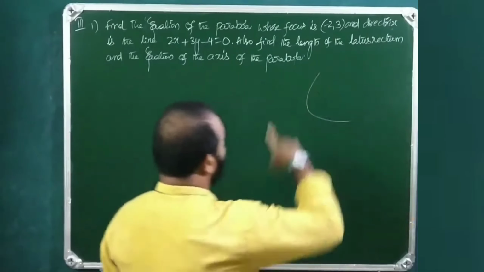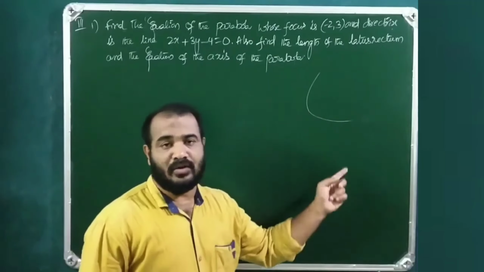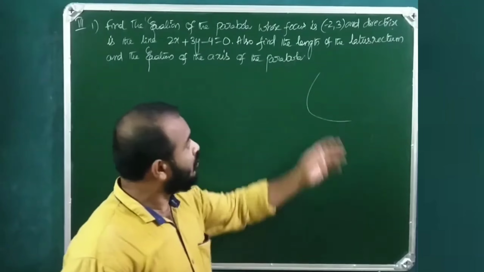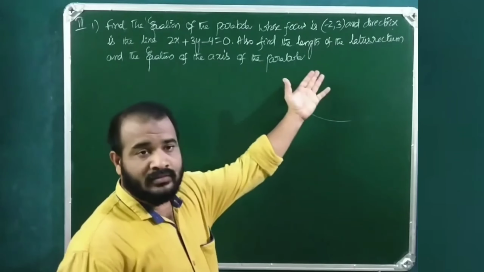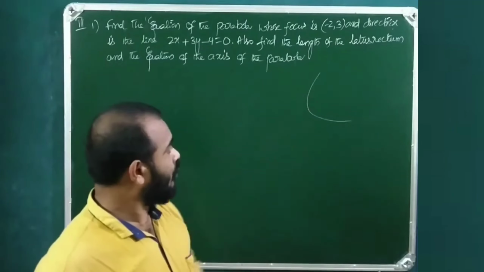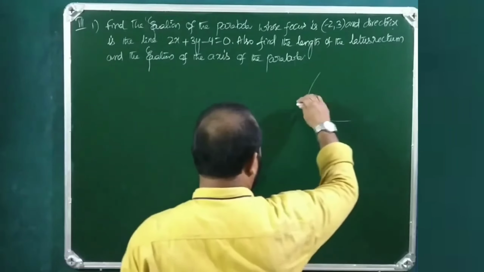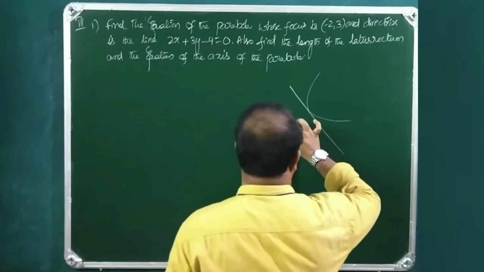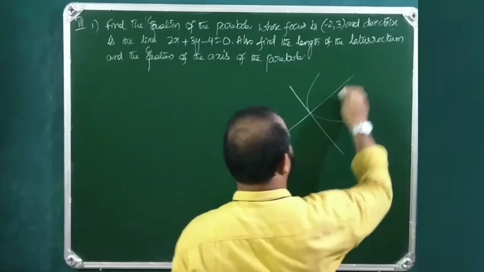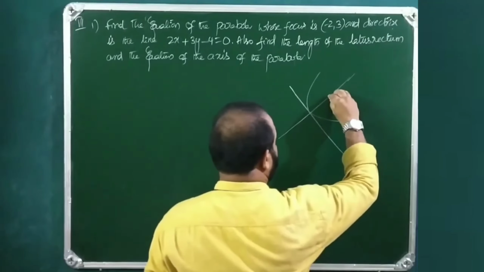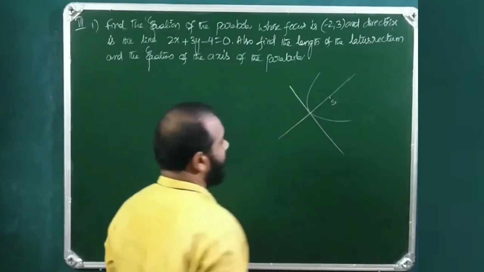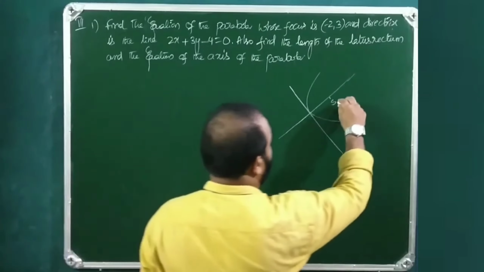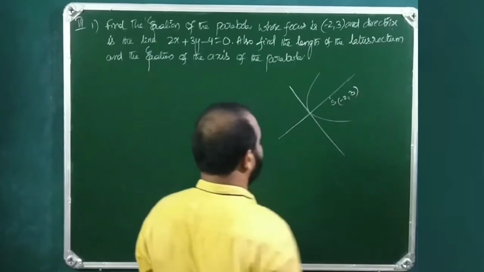Since we don't know whether the axis is symmetric about the x-axis or y-axis, as nothing has been mentioned in the given information, I have taken this parabola as an example, and this is my principal axis. This is S, the fixed point, which is the focus, given as (-2, 3).